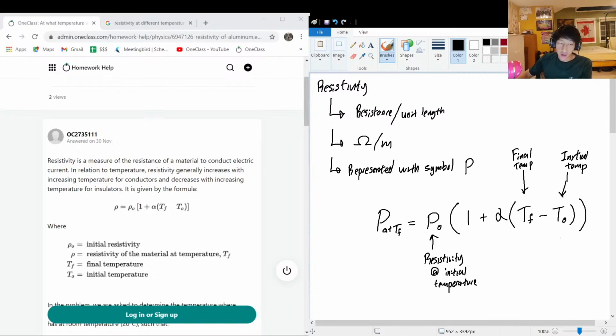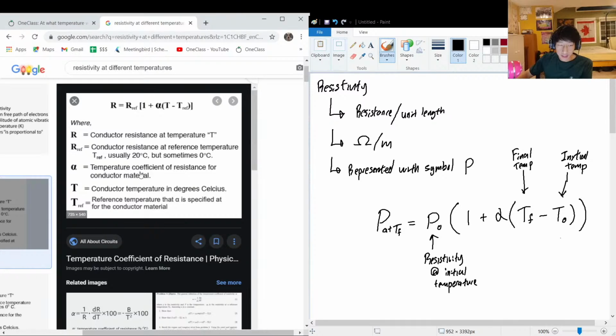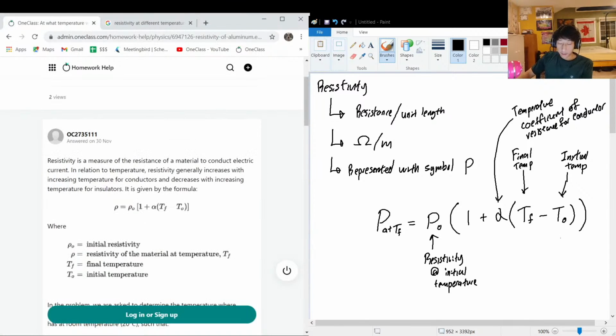And 1 is just a 1, and the alpha value, we don't have it here, but what it represents is the temperature coefficient of resistance for the conductor.